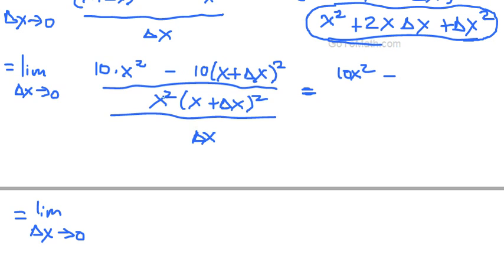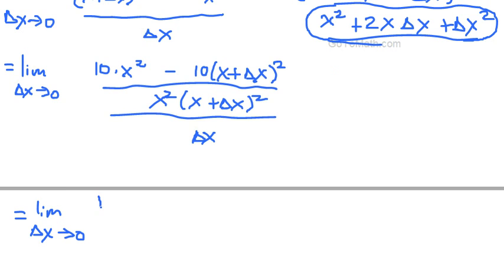So let's just go ahead and do that. Negative 10 times this is negative 10x squared. Maybe I should have done that down here, I've got room down here.